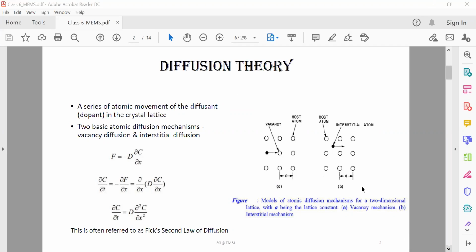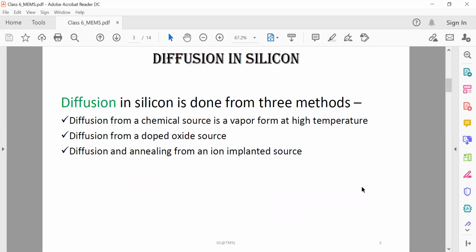Proceed to the next slide, which is called diffusion in silicon. Basically our main substrate material is silicon, our interest is in silicon. So diffusion in silicon is done by these three methods. One is diffusion from a chemical source, which is in vapor form at very high temperature.